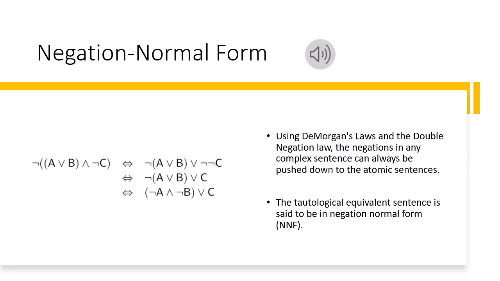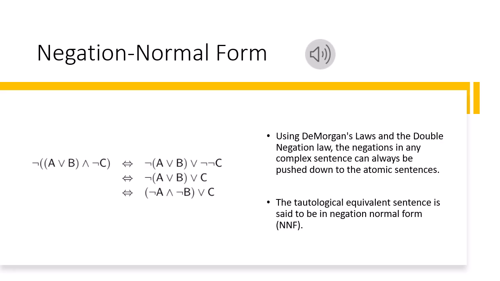And a tautologically equivalent sentence is said to be in negation normal form if this is the case, right? If you've pushed those negations all the way down to the atomic sentences.